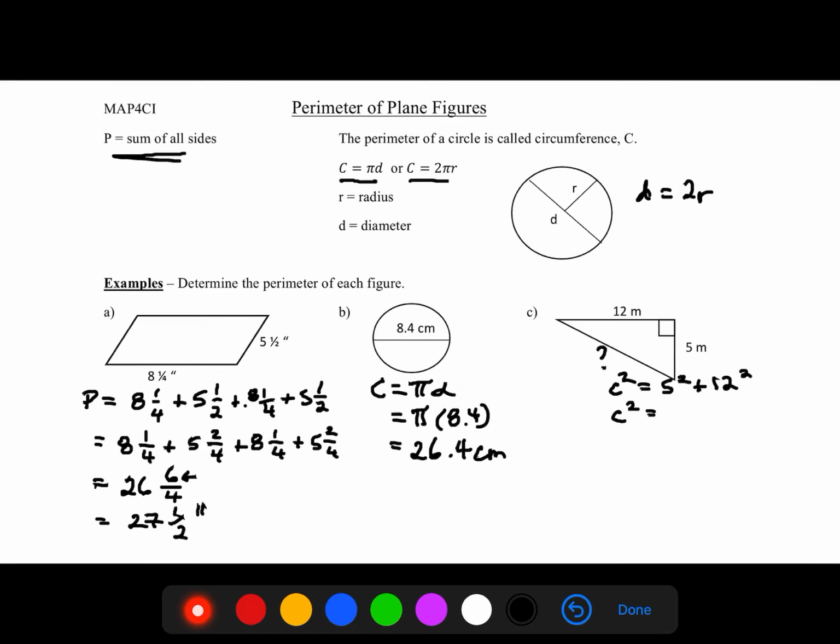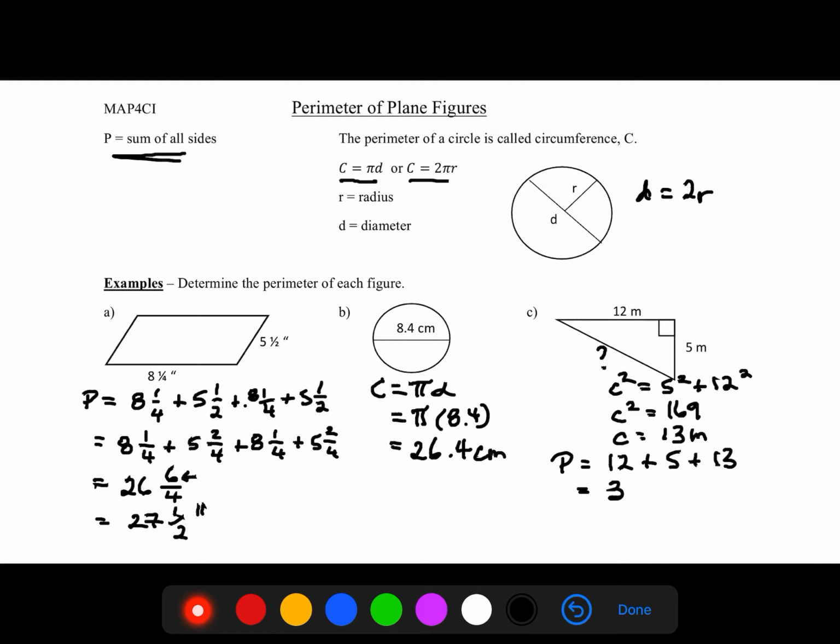So c squared, we have 25 plus 144, which gives us 169. We square root both sides, and we get that our hypotenuse, or side C, is 13 meters.